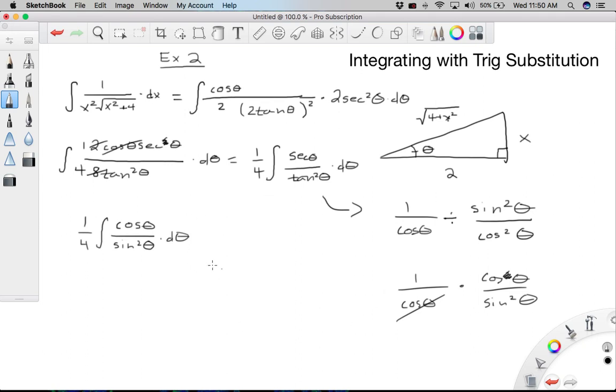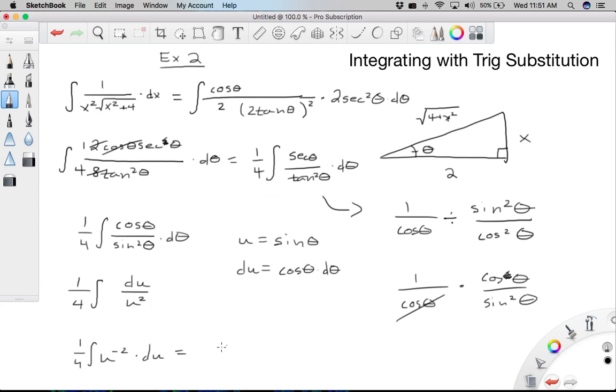So we're going to remember that if we make u equal to sine of theta, then du is going to be cosine theta times d theta. So then what we're going to have is 1/4 integral of du divided by u squared, or 1/4 integral u to the -2 times du.